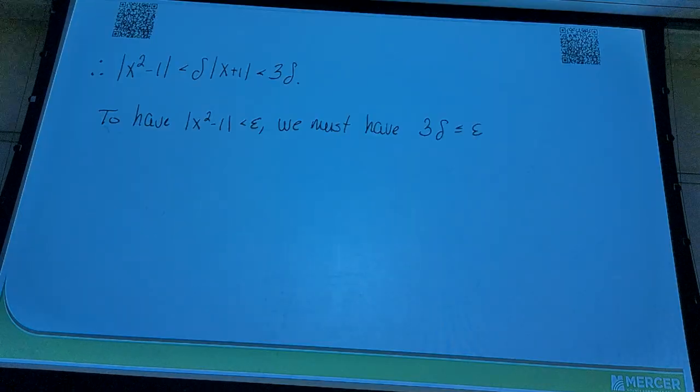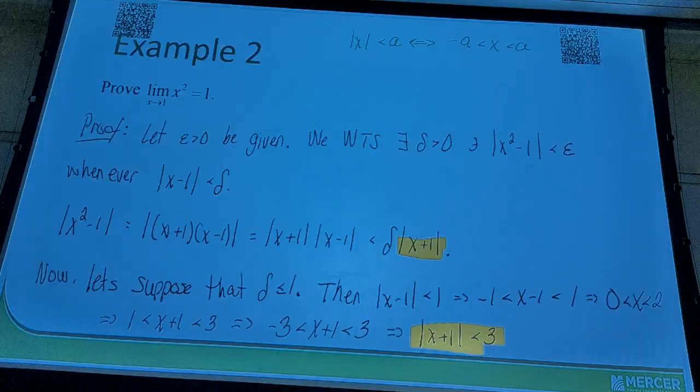Three delta would have to be less than or equal to epsilon. However, we added an additional restriction in here. We said delta was going to be less than or equal to 1.